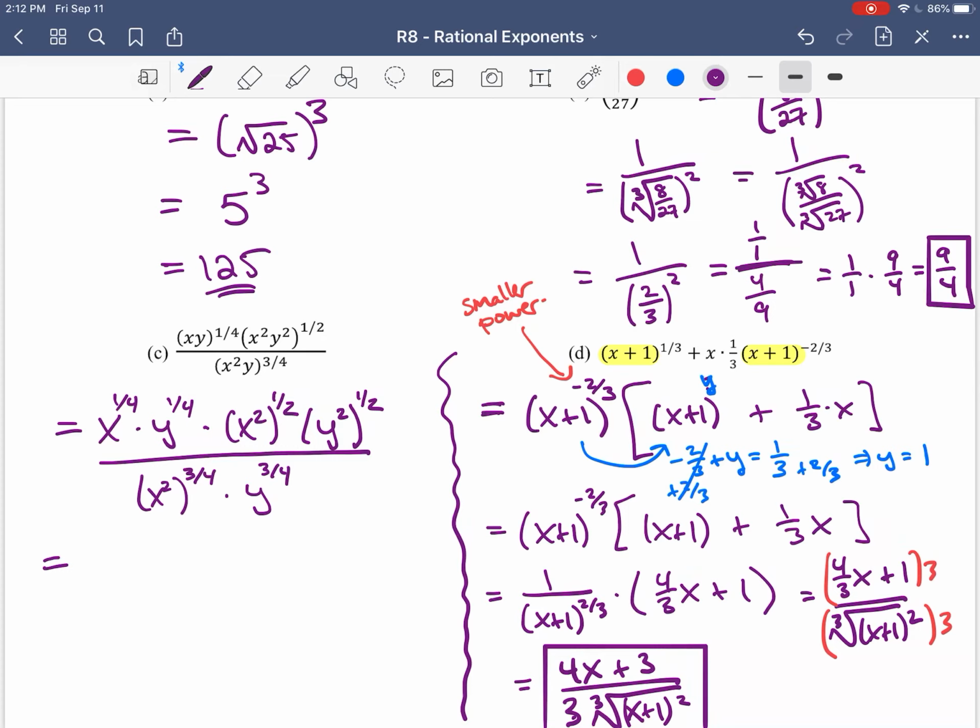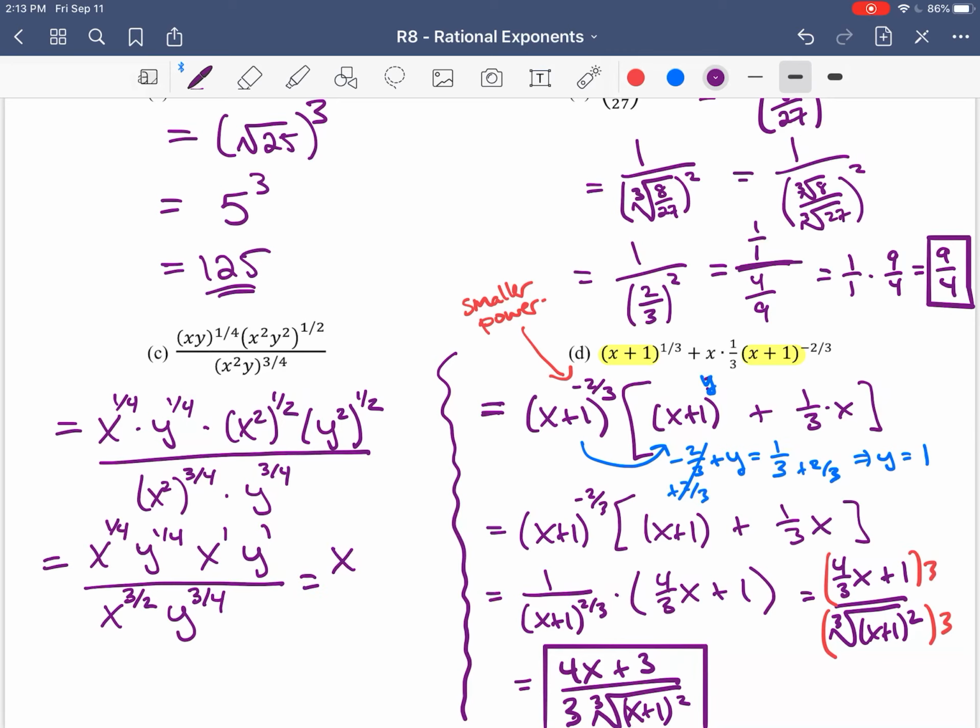Okay, now simplifying these exponents, we're assuming that the variables are positive again. So x to the 1 over 4, y to the 1 over 4. And then this is going to be x to the 1 and y to the 1, because 2 times 1/2 is 1. Down here, I'm going to have x to the 2 times 3 over 4 is actually 3 over 2. And y to the 3 over 4.